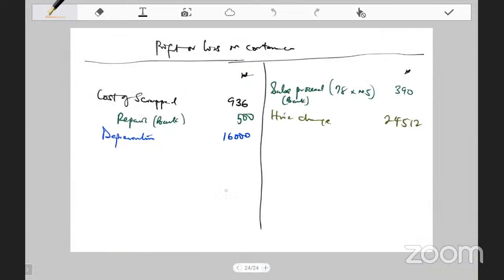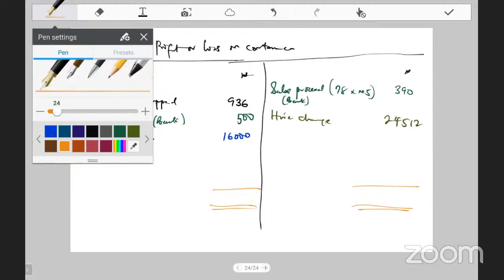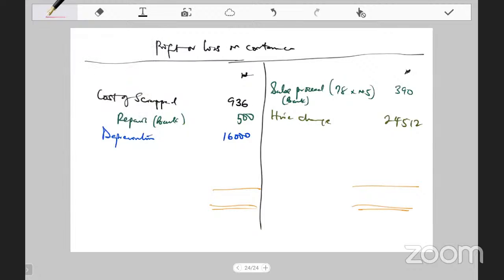So I think we are through. So let's now get our profit. What's now our profit? What's the total income? 24,512.